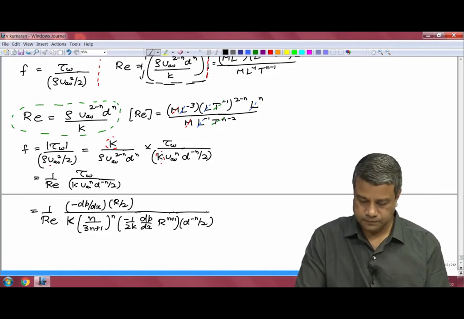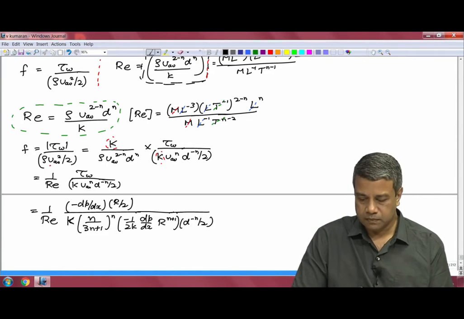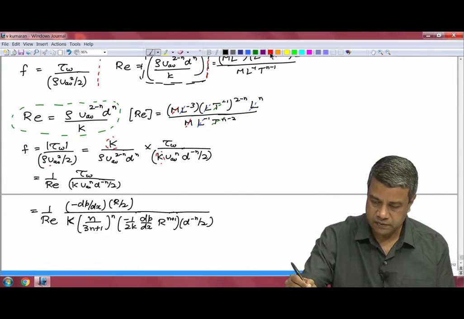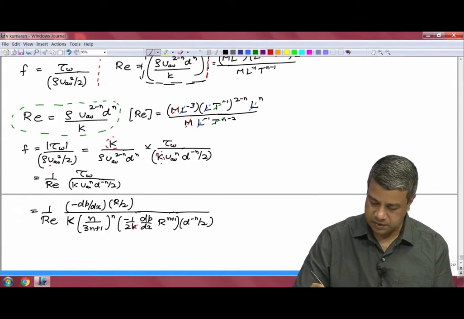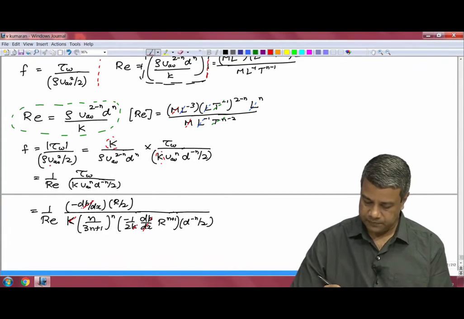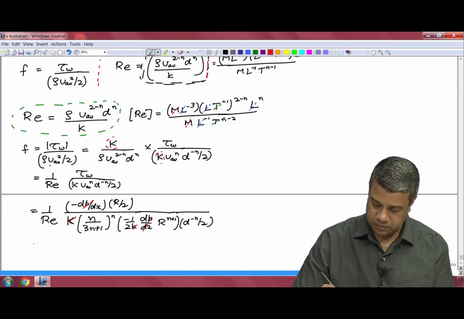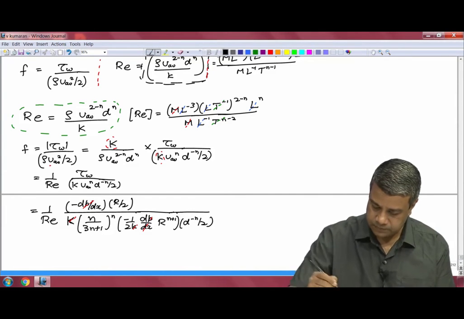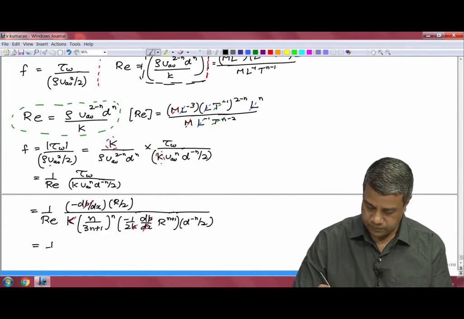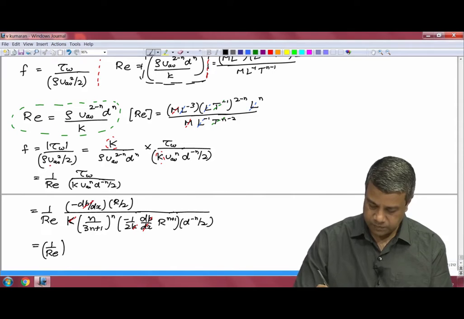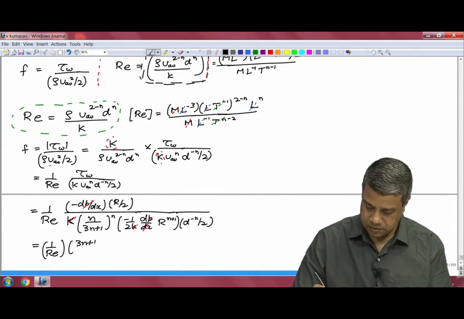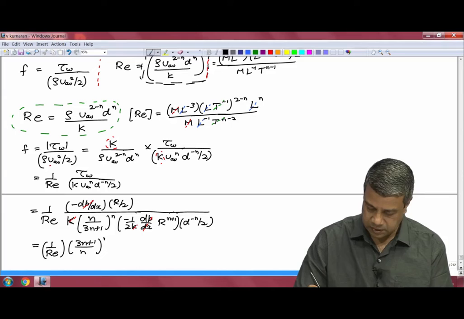and the advantage of writing it this way is that this kappa cancels out, the pressure gradient cancels out. And what I end up with is into 3n plus 1 by n whole power n.